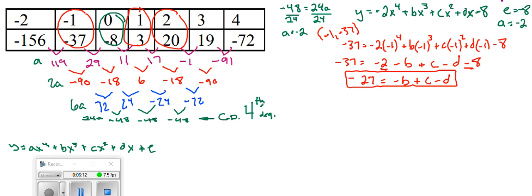Okay, let's do another one, and this time I'm going to use 1, 3. So when y equals 3, -2, what's 1 to the fourth? It's just 1, so I'm not even going to write that. Plus b times 1 plus c times 1 plus d times 1.